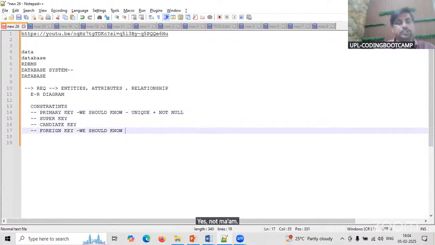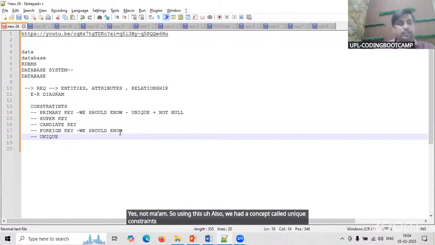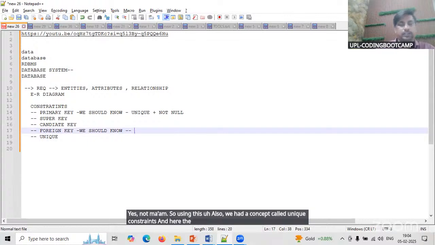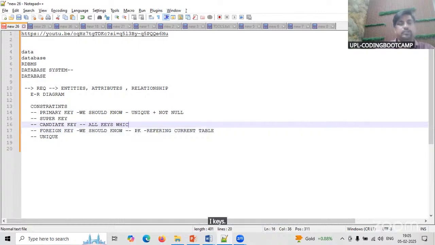So using this also we have a concept called unique constraints, and here the foreign key is nothing but primary key of some table referring in the current table. And other than that, we know that a candidate key is all keys which are eligible to be primary key.